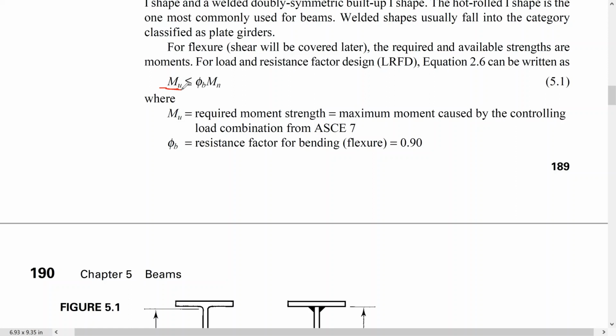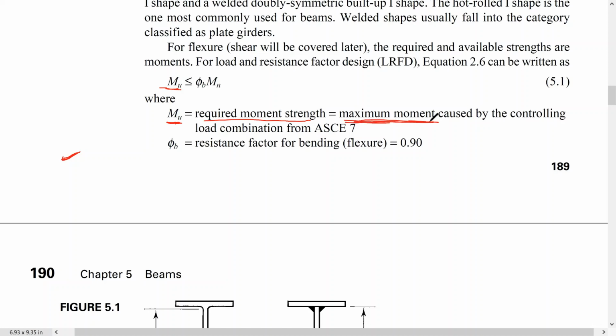If you remember, we had 7 load cases in chapter 2, and you have to pick the numerically largest value. So this moment is going to be the maximum moment under whichever load case controls. So this Mu is the required moment strength, in other words the maximum moment under the load.